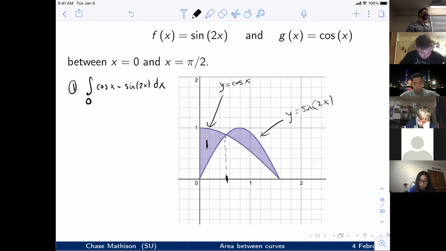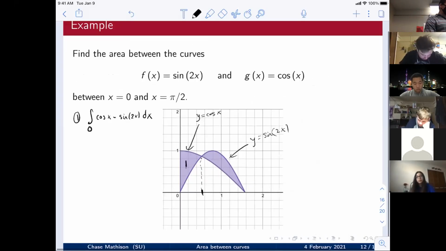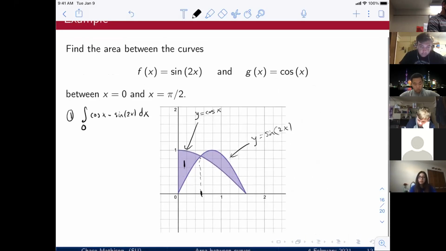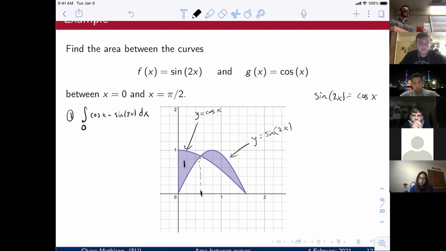So how do I find that point of intersection? Exactly right. We're going to set sine of 2x equal to cosine of x. And this is actually not super easy to solve just looking at it. If that was just sine of x, it would be really easy to solve because then it's just pi over 4, right?